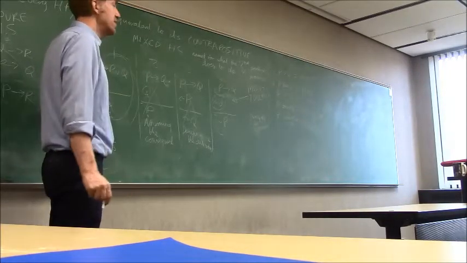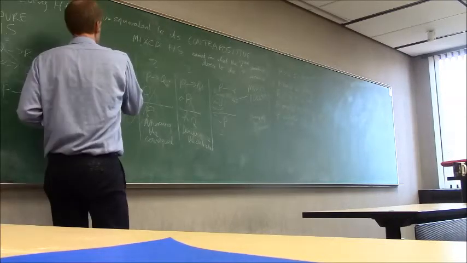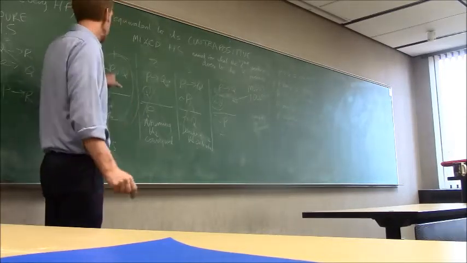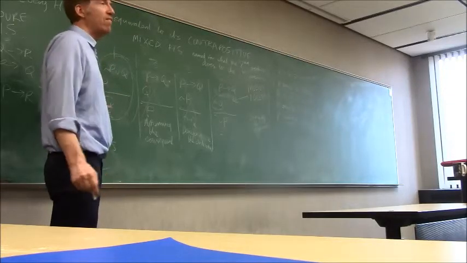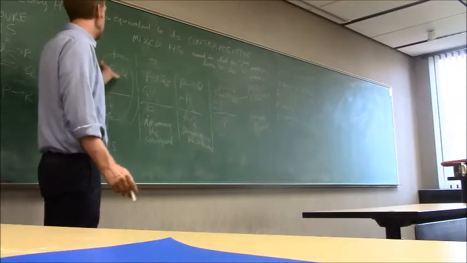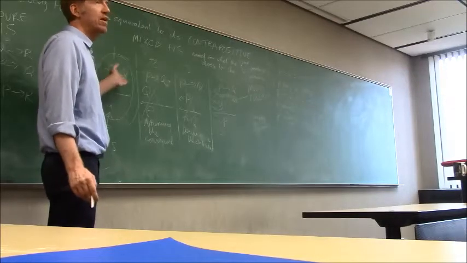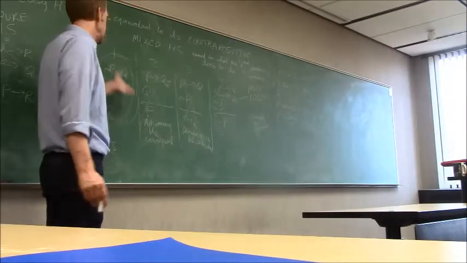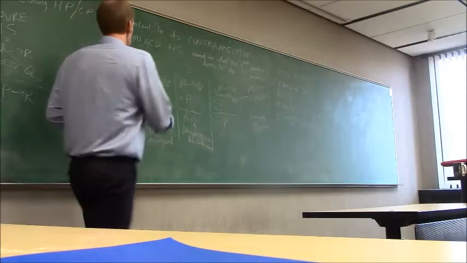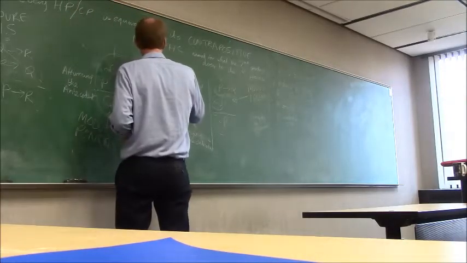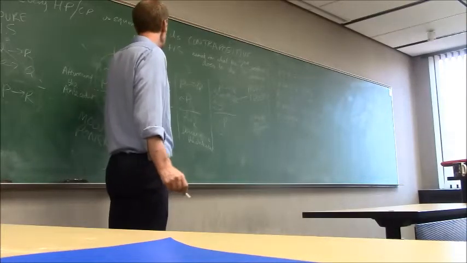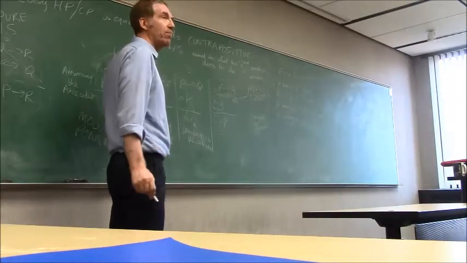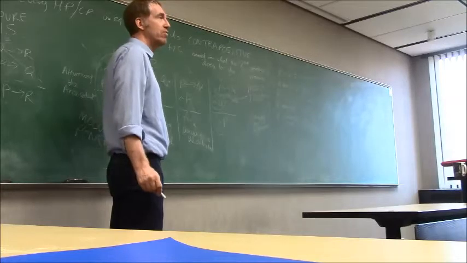The second one must deny one of the disjuncts. Does it deny one of the disjuncts? Yes, it does, because this is not P and it's saying P. So obviously this has to be valid, because I've just said this is logically equivalent to it. So if the original argument was valid, then this would have to be valid too. Whereas this one, of course, is going to be invalid. And it is invalid if you know that it's Q, that doesn't rule out not P, because with inclusive or, they could both be true.